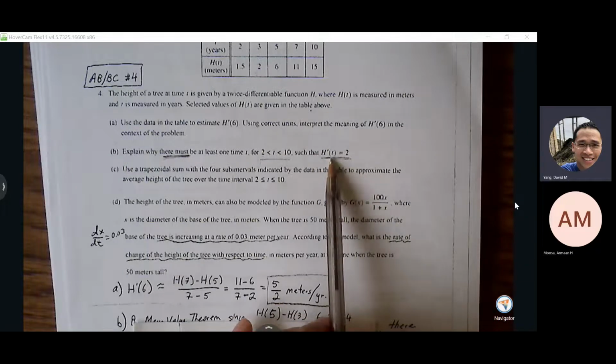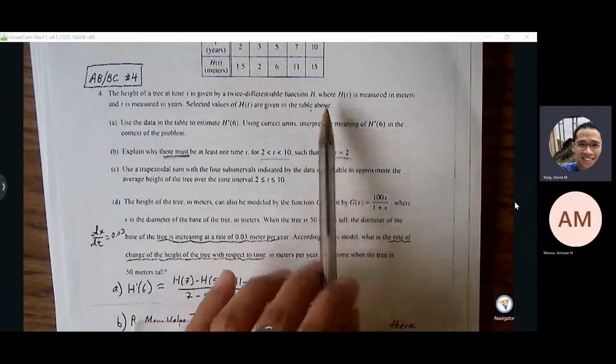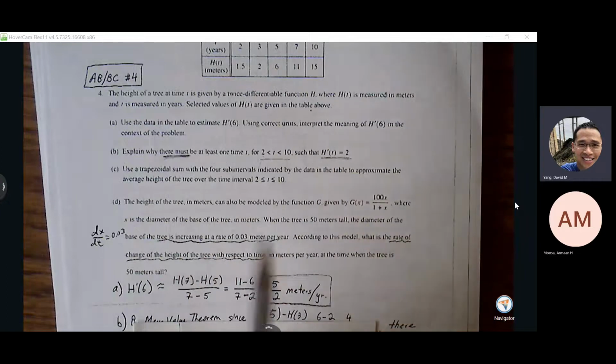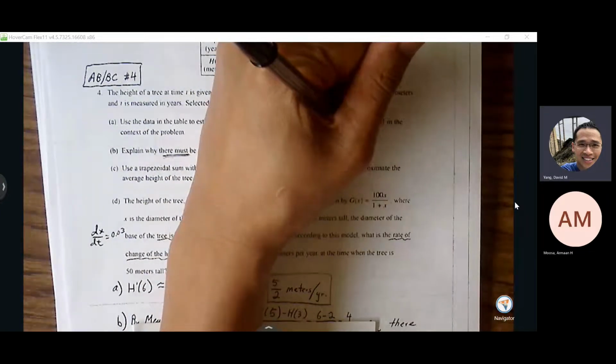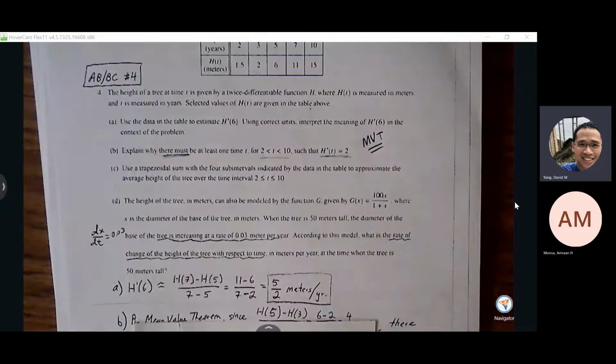So h prime of t is basically saying slope, right? And if I'm given all these values of h of t, and I want to guarantee a slope, that's kind of telling us to maybe explore mean value theorem, right? Because mean value theorem allows us to connect average slope with instantaneous slope.